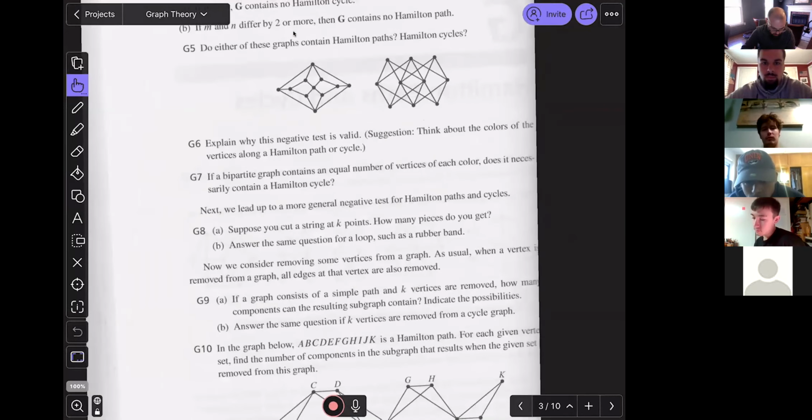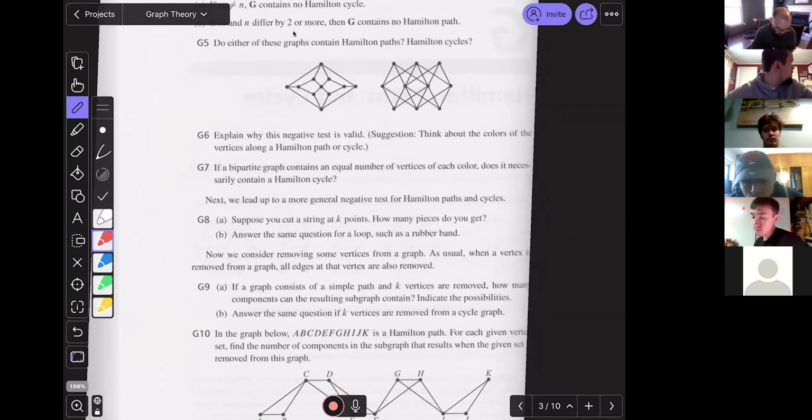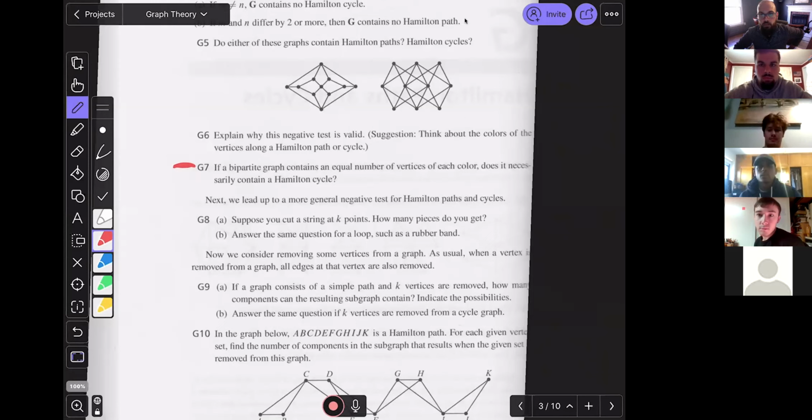I'm going to put us into breakout rooms, and we will start here with question G7. We'll work for a little while today. We're a little bit ahead, and then I'll bring us all back together in a little bit. Okay, so let's do some breakout rooms. There'll be 3 different rooms, and you'll be in with either 3 or 4 other people.